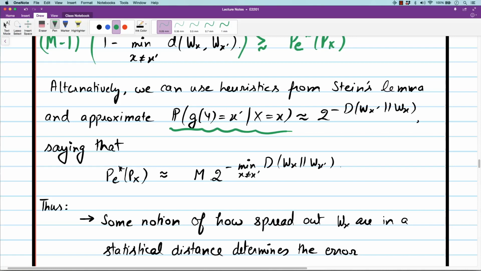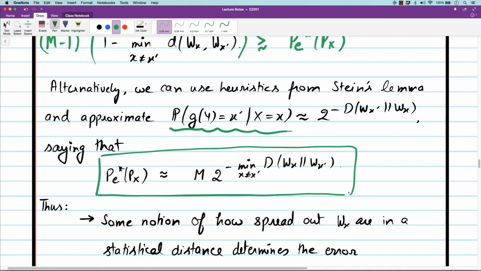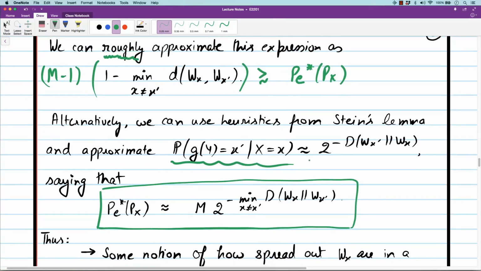Therefore, this m minus 1 becomes m. The optimal probability of error P star is approximately this: M times 2 to the power minus minimum distance. This is all heuristic. So there are two ways, and both bring out this minimum distance as a handle over P star. One brings out total variation distance, 1 minus minimum total variation distance.